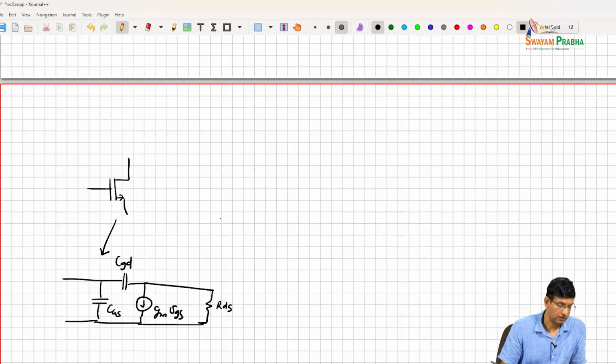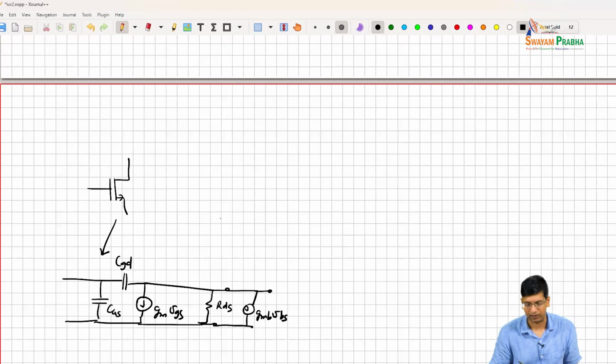I'm ignoring the bulk, but you can add a gmb VBS if you want. We don't have to worry about it so much. So we have the native model of our transistor.